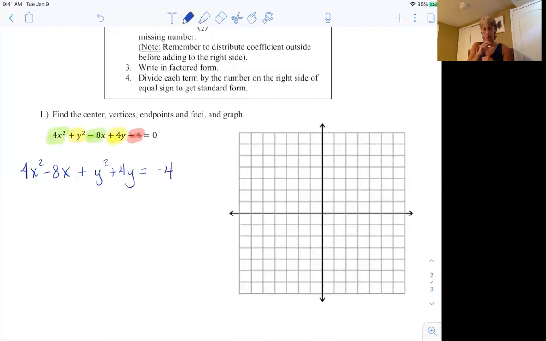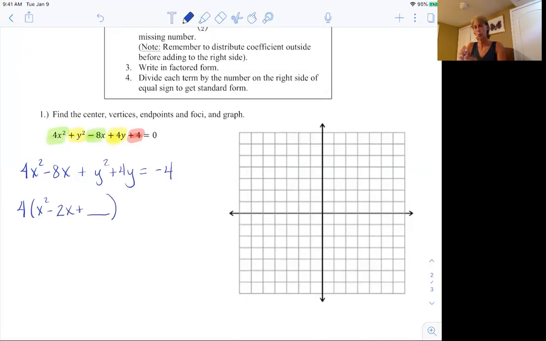Now I look at my terms. So I have a 4 and an 8. I can take out a GCF. So I'm going to factor out a 4. And inside parentheses, now I'm going to leave a space to add a number.